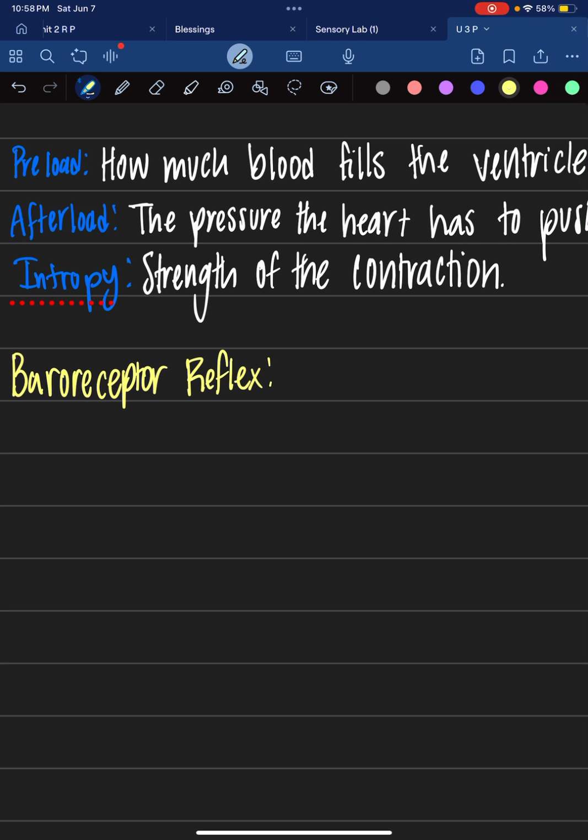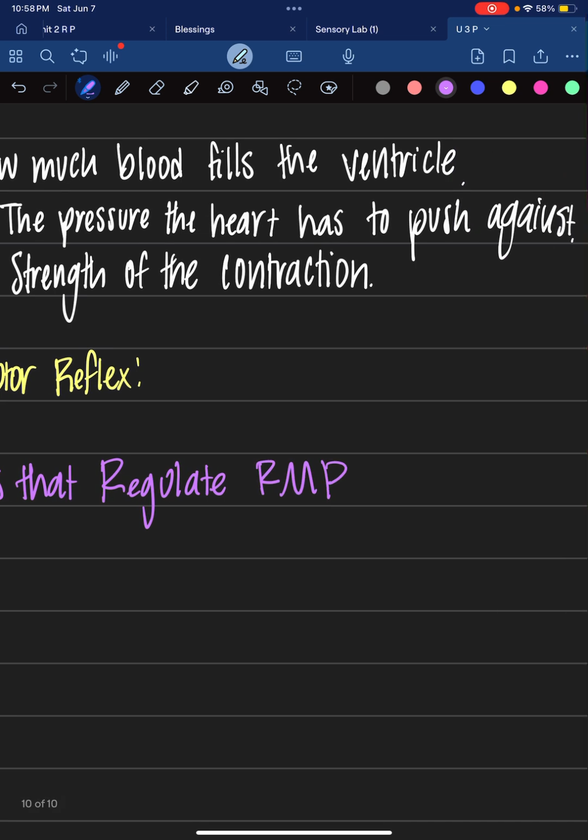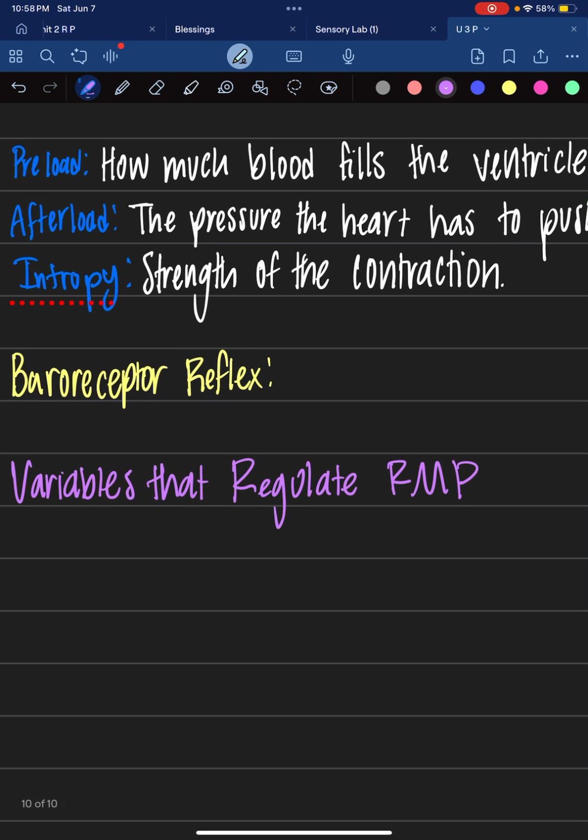So MAP is basically the average pressure in the arteries, and it's what keeps blood flowing to organs.